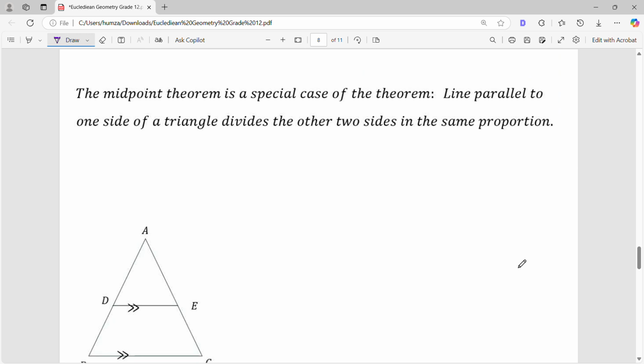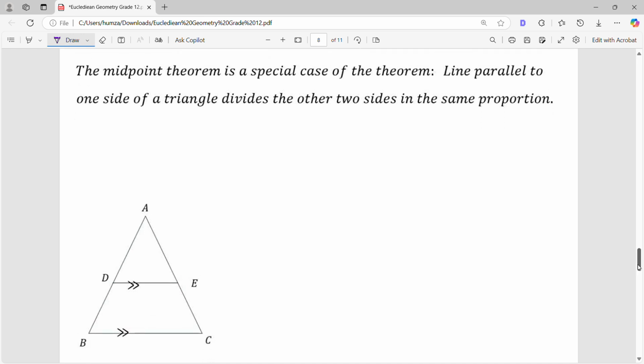Lines parallel to one side of a triangle divide the other two sides in the same proportion. So this means that if a line segment joins the midpoint of two sides of a triangle, the line will be parallel to the third side and equal to half of the third side.